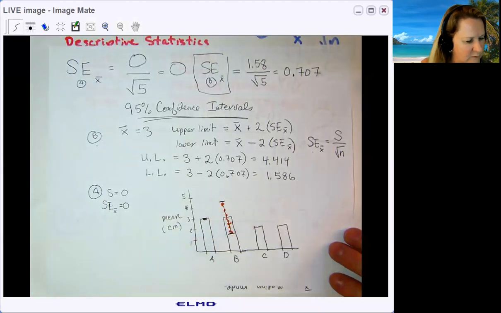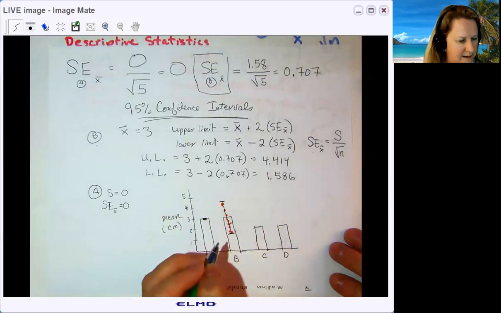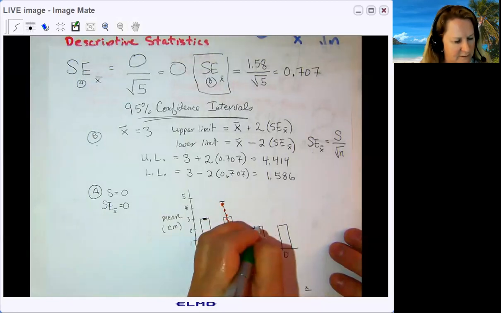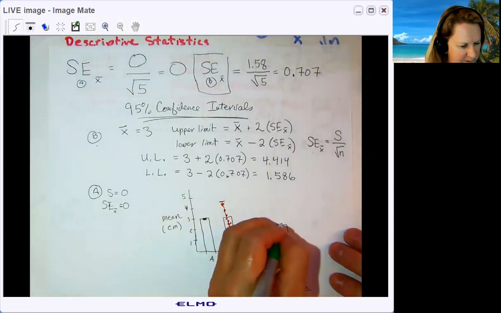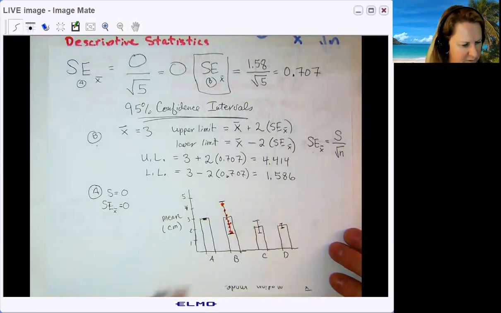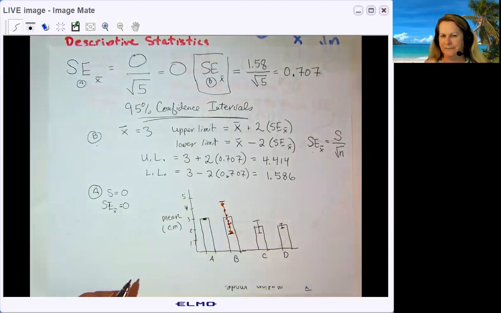They're a little bit lower. I'm trying to draw that so that they're around 2. And let's say the 95% confidence interval for C is that big. Let's say we go through and we calculate that. And the 95% confidence interval for D is really super small. Okay, so what can we say about these data sets?